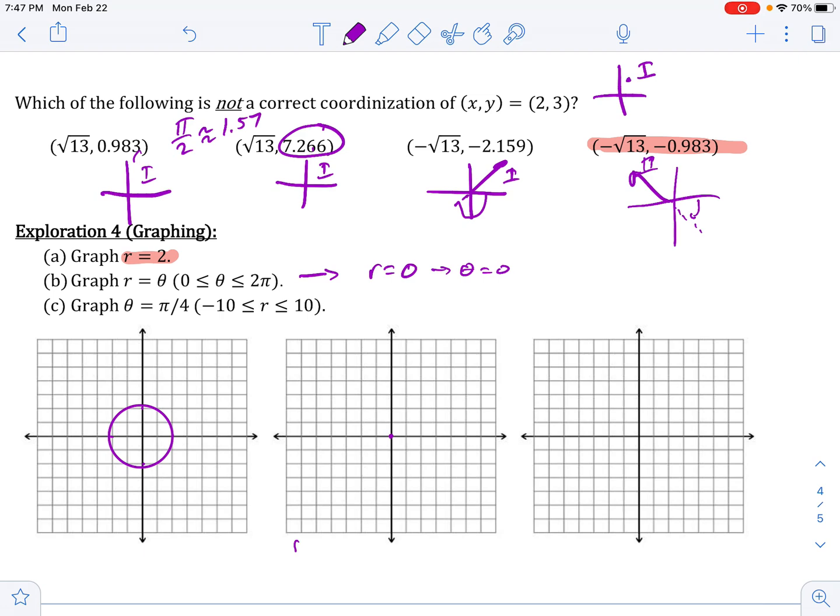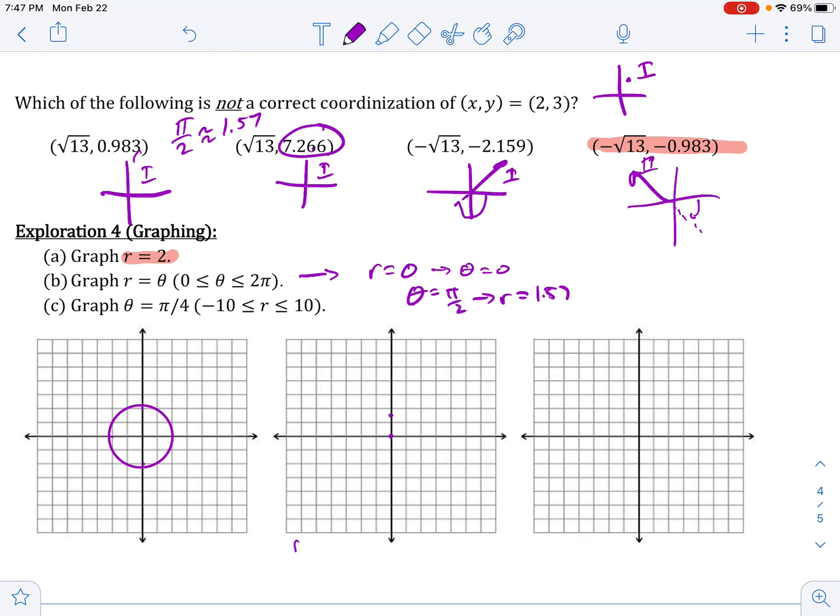And then when theta equals pi over 2, that implies that r equals that 1.57. I really hope that pi over 2 is 1.57. Okay, it is. For some reason, I felt like it was wrong. So at pi over 2, it's 1.57, so your angle's here.